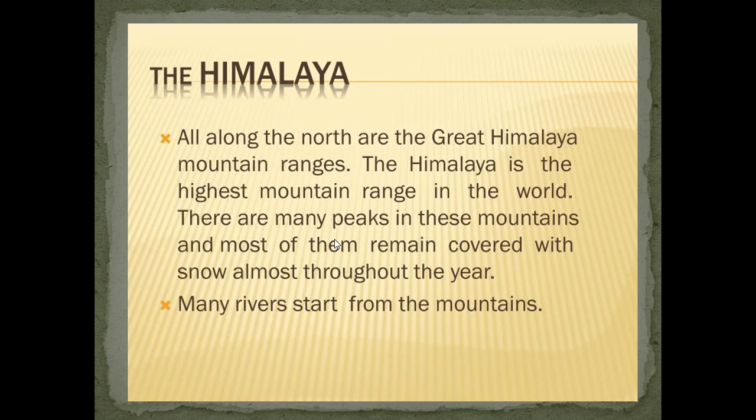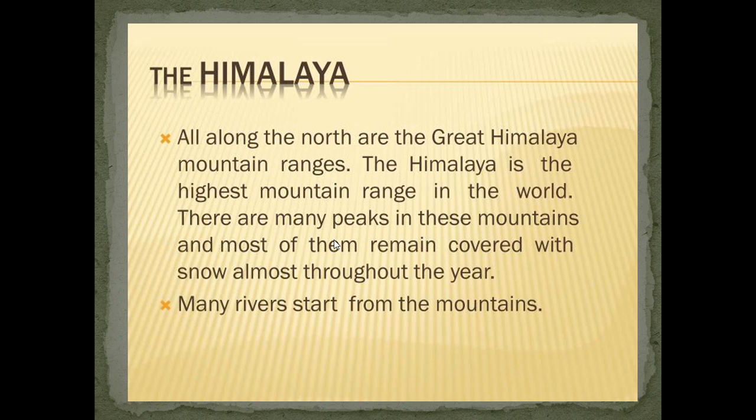All along the north are the great Himalaya mountain ranges. The Himalaya is the highest mountain range in the world. There are many peaks in these mountains, and most of them remain covered with snow almost throughout the year. Many rivers start from the mountains.